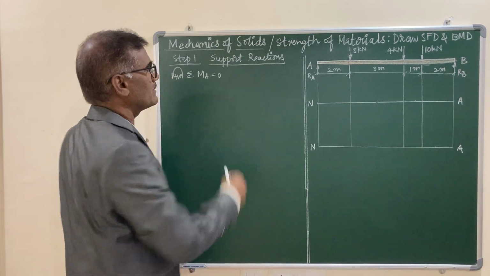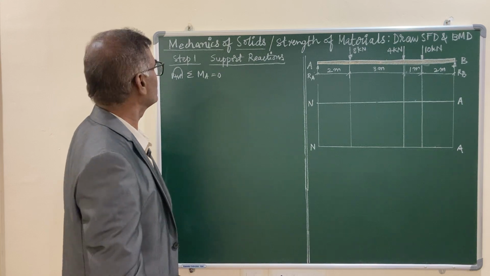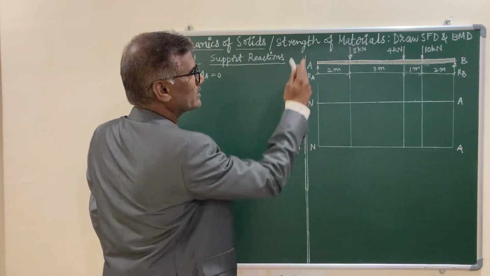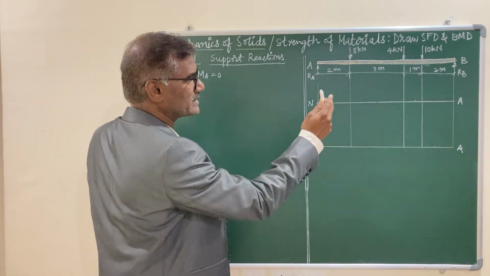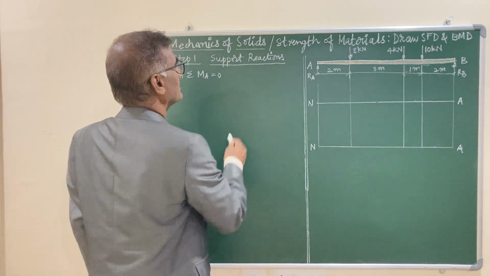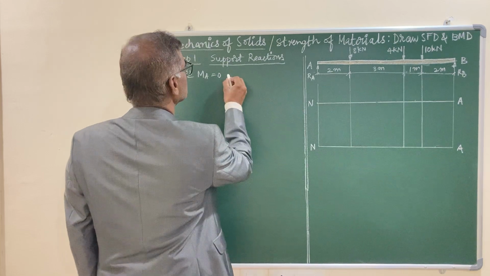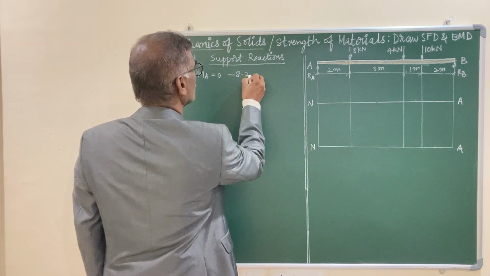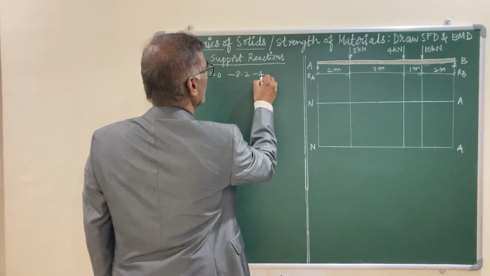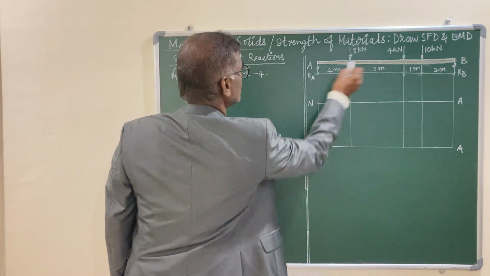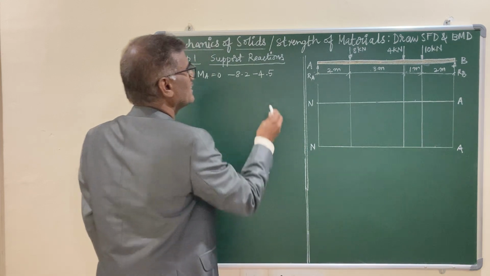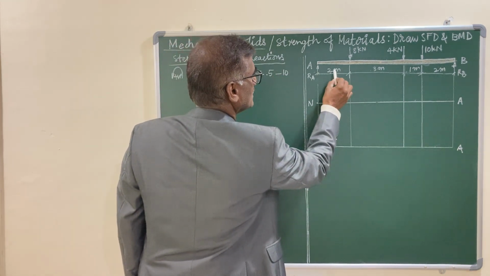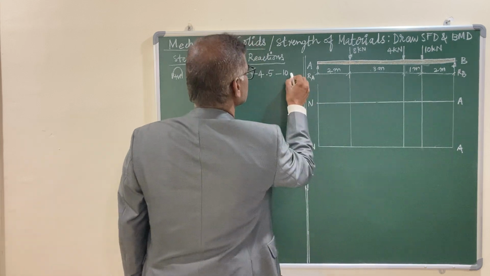So with this notation, I am writing the equation of equilibrium, that is moment sum about A. The 8 kilonewtons, 4 kilonewtons and 10 kilonewtons contribute clockwise turning effect, and clockwise is minus. So this equation is minus 8 into 2, minus 4 into 2 plus 3, that is 5, the moment arm is 5, and minus 10 into the moment arm, which is 2 plus 3 plus 1, that is 6.